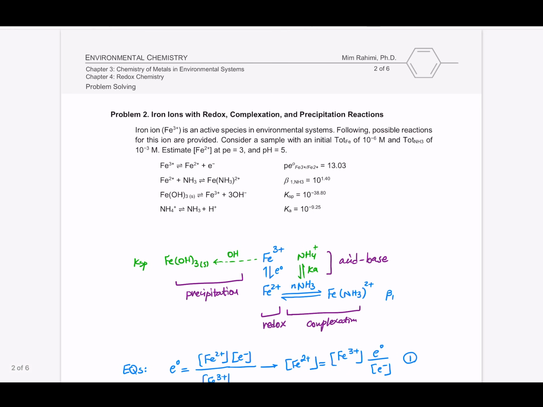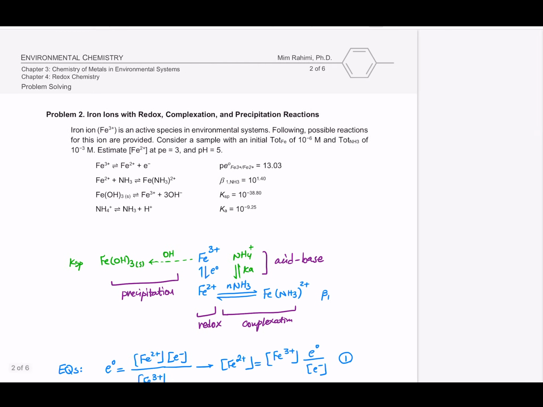If we look back at the reaction, the K value for this reaction represents Fe3+ times OH to the power of 3. So the Fe3+ concentration would be KSP divided by OH to the power of 3.